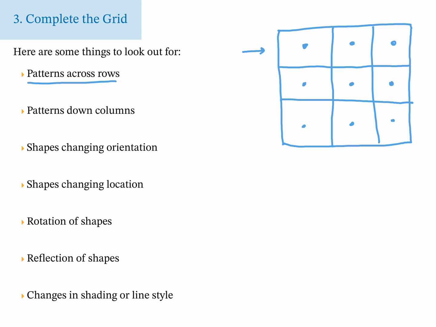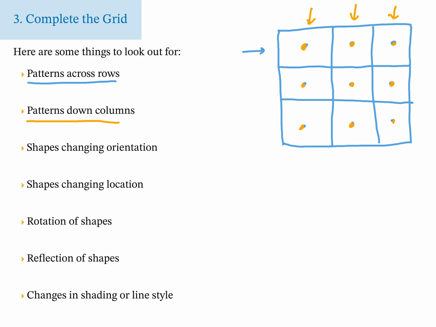And it doesn't matter which box is missing. We should be able to work out what the correct answer is, regardless of which box does not have a diagram in it. Similarly, we've seen we should look at patterns down columns. So what's happening in this box compared to this box compared to this box, and how does that link to what's happening as we go down this column or indeed this column.